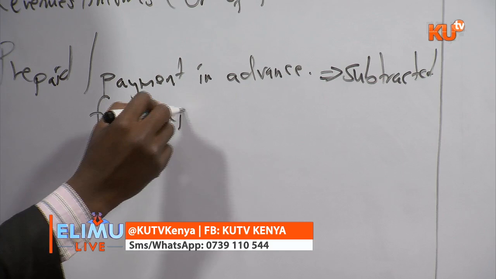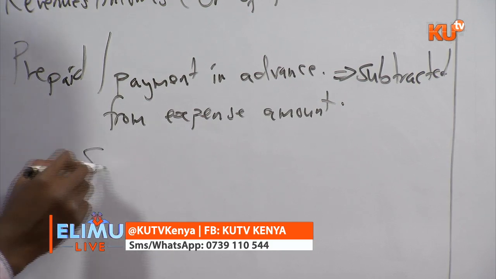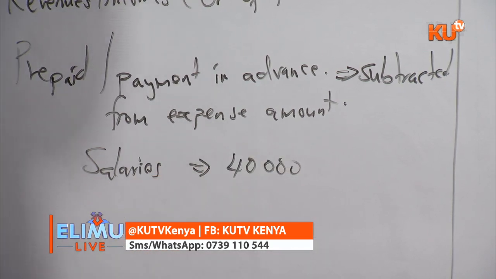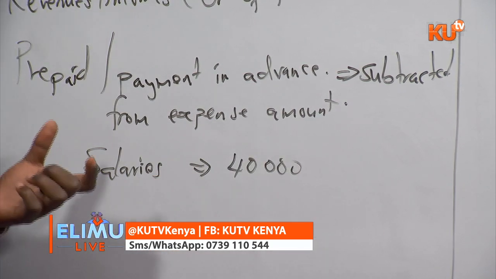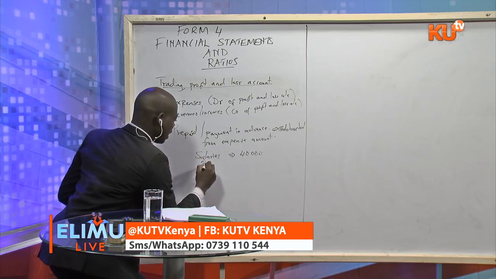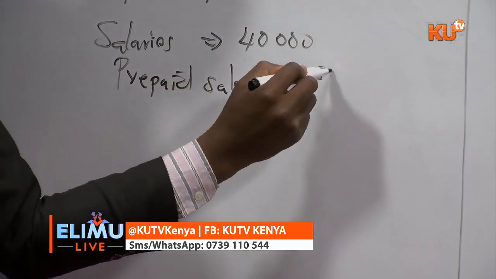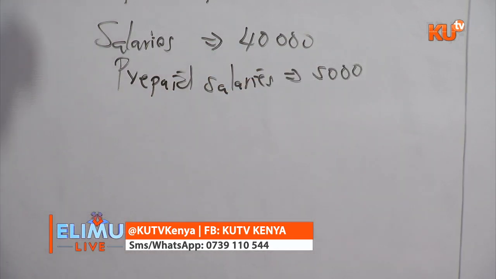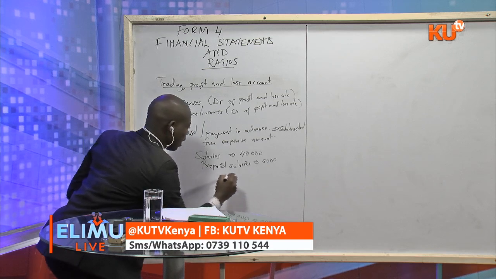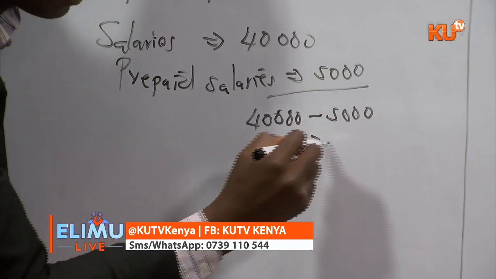If, for example, salaries as an expense had been given as 40,000 incurred within one year, and the business had made a prepayment, with a record of prepaid salaries of 5,000 shillings, then to obtain the actual figure for salaries captured in the profit and loss account, we say 40,000 minus 5,000, which gives us 35,000.